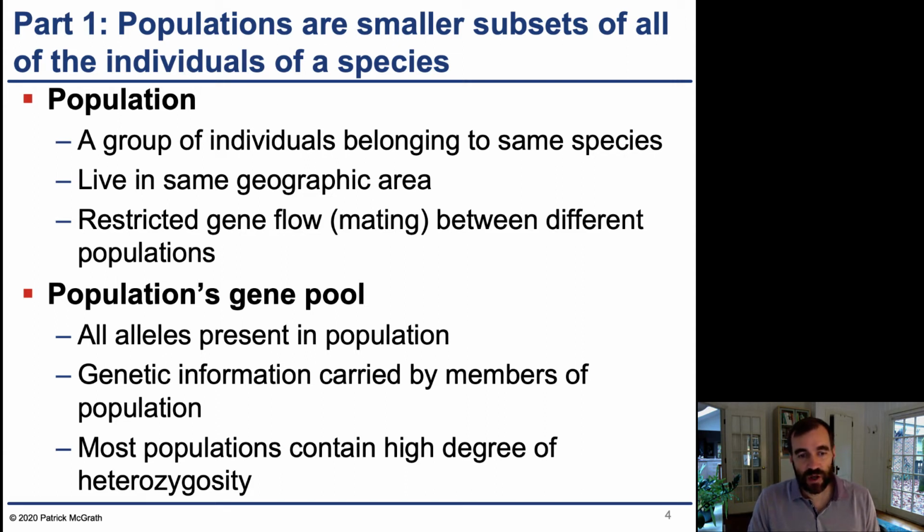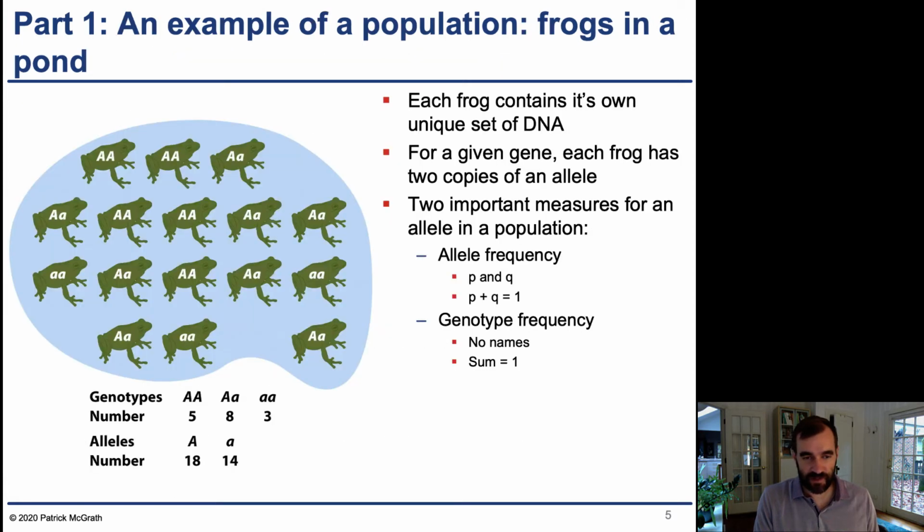Now that we have a population, we're also interested in the gene pool of that population: the alleles that are present in the population, the genetic information carried by members of the population. The fact is that most populations contain a high degree of heterozygosity, so there's a large number of alleles that are segregating in the heterozygous state.